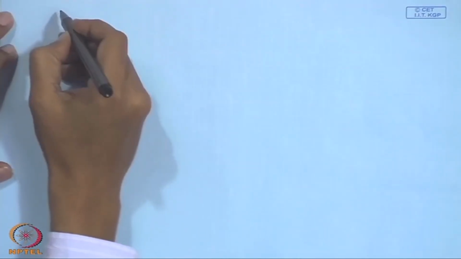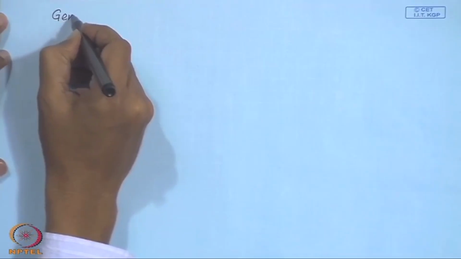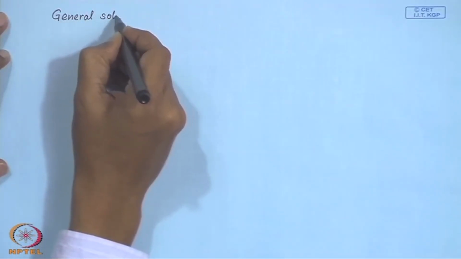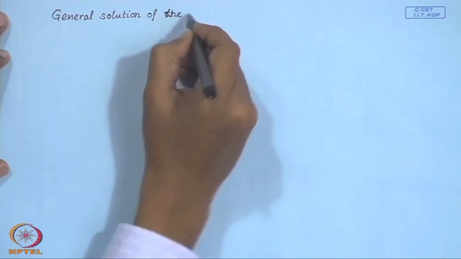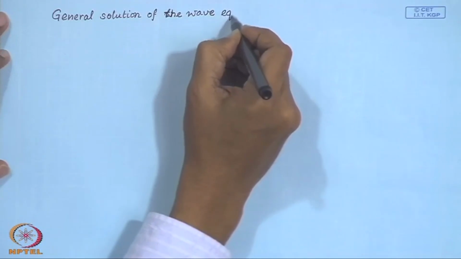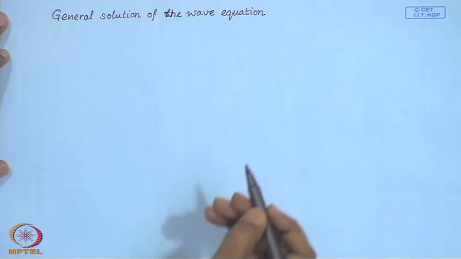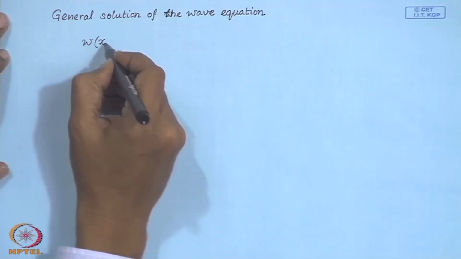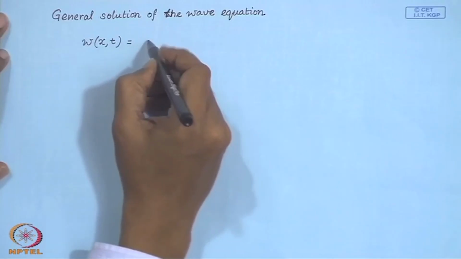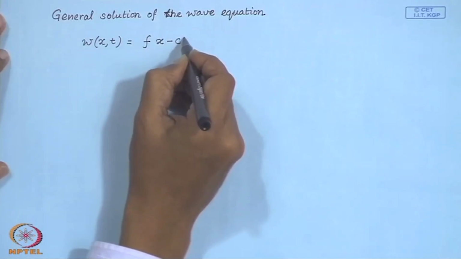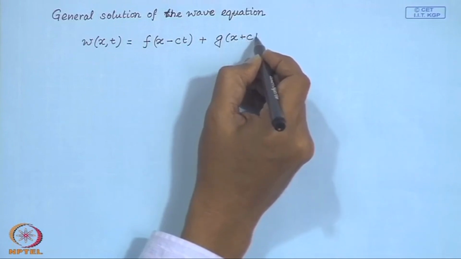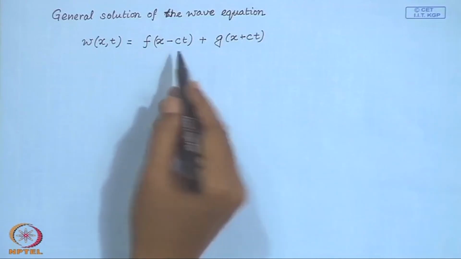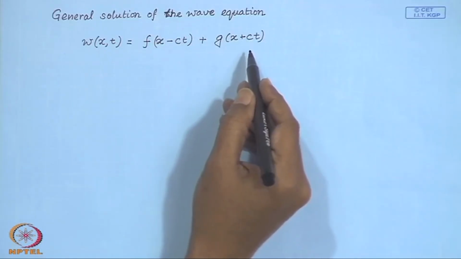Now, it can be shown that the general solution of the wave equation can be written as f of x minus c t plus g of x plus c t.